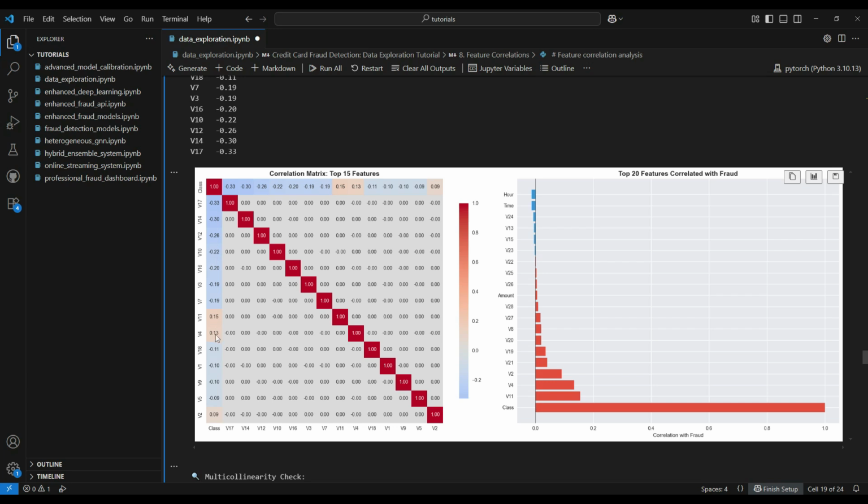And then V4, V11 have positive correlations. At the end, I check for multicollinearity, but I don't think there is a high correlation here.